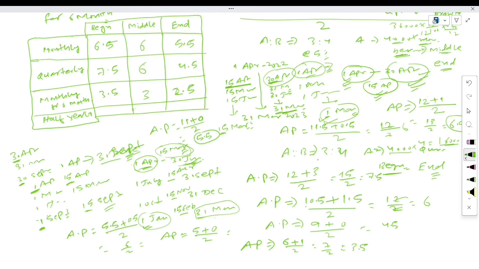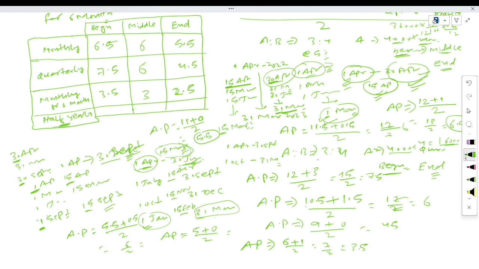Now come to the last method. Here is half yearly. Half yearly in the sense, if we talk about half yearly, it means 1st April to 30th September, this is half year, and 1st October to 31st March, this is half year.